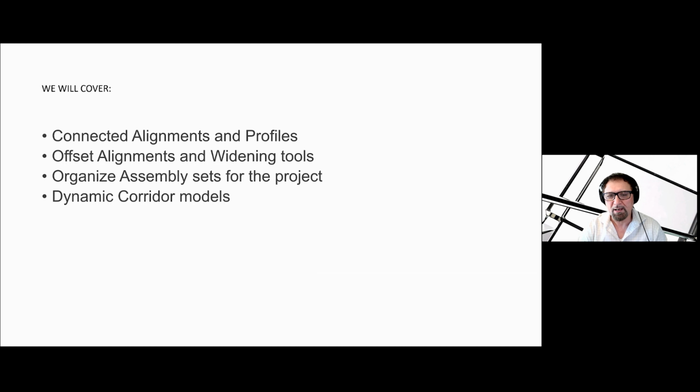Obviously, the time will not permit us to go into every detail, but I will show you the overall workflow and some of the detailed processes, and then we'll analyze some of the models that I put together for this class. So let's take a look at what's there.